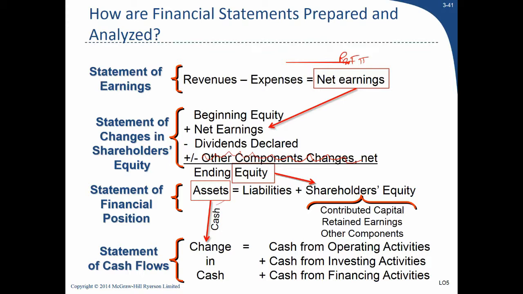So the statement of cash flows can almost be thought of as a subsidiary statement. There's no entry that impacts the statement of cash flows alone. Every journal entry, every transaction will impact either the statement of financial position or the statement of earnings, or both. And then that change will get reflected in the statement of cash flows.